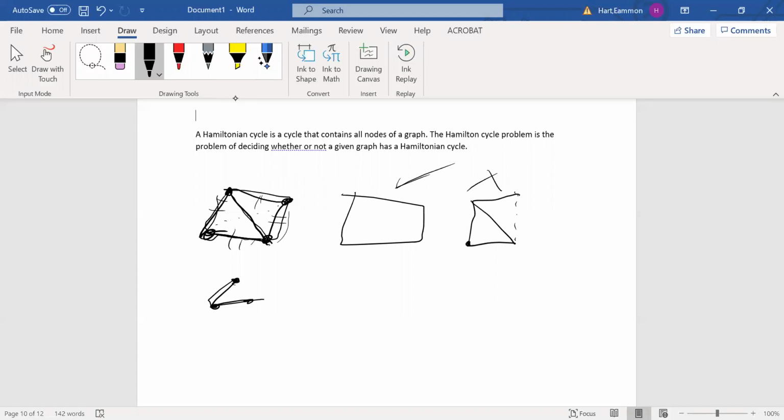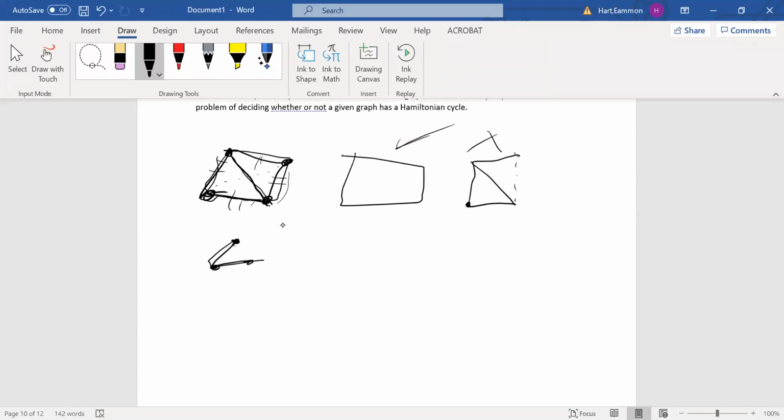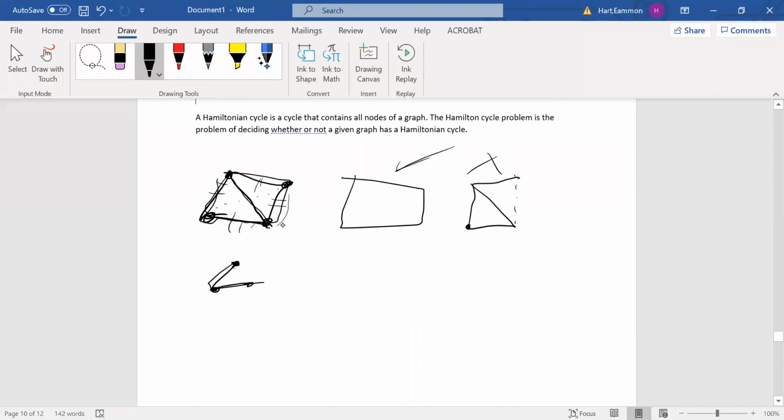It's the same exact correspondence between Eulerian cycle and Eulerian path or walk that you would think of. There's a lot less that's known about this. Usually we have to just check to see if there's a Hamiltonian cycle or a Hamiltonian path. If there is a Hamiltonian cycle, then there's definitely a Hamiltonian path.